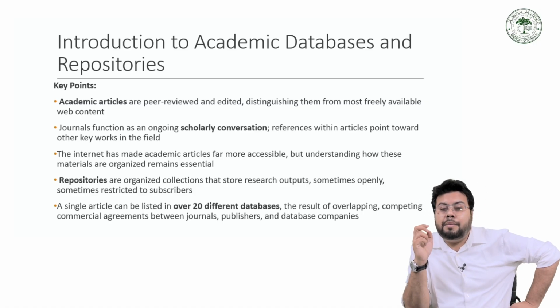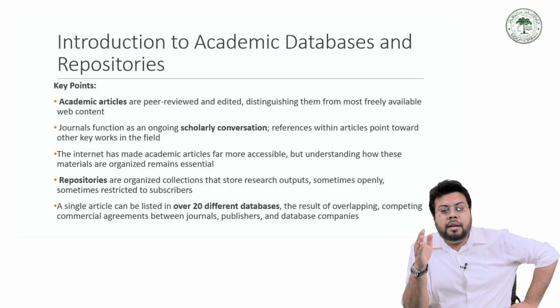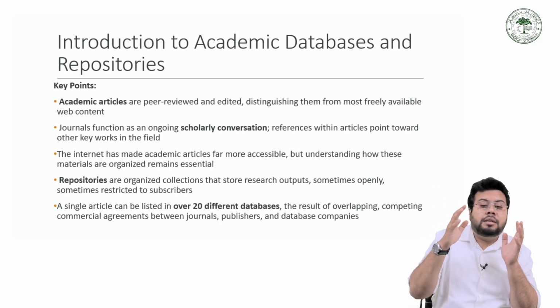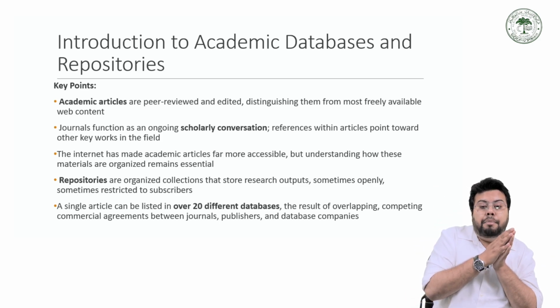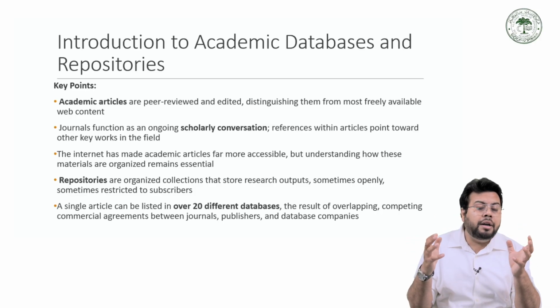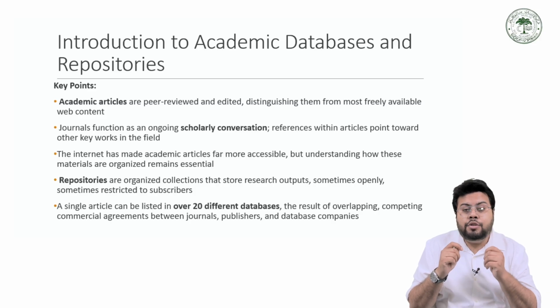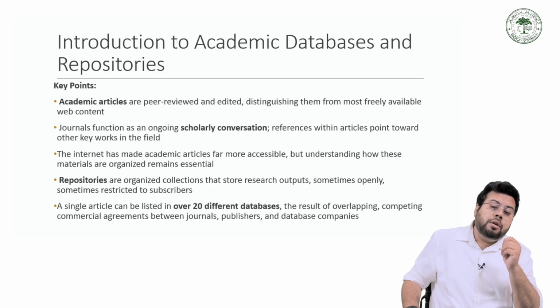Now, here is something that surprises a lot of students. A single article isn't just sitting in one place online. Because of the tangled commercial relationships between publishers, journals, and database companies, the very same article might be indexed in 20 or more different databases, each with slightly different coverage, different access rules, and different search toolkits.